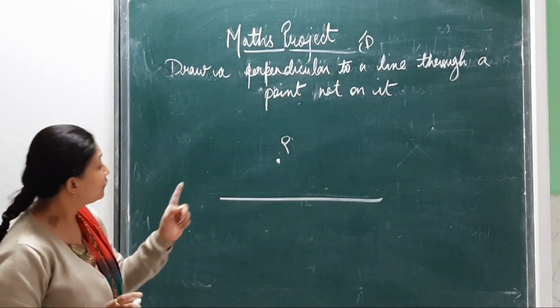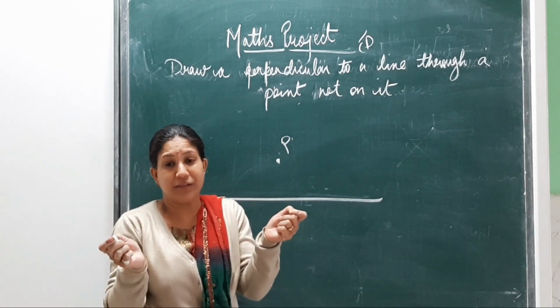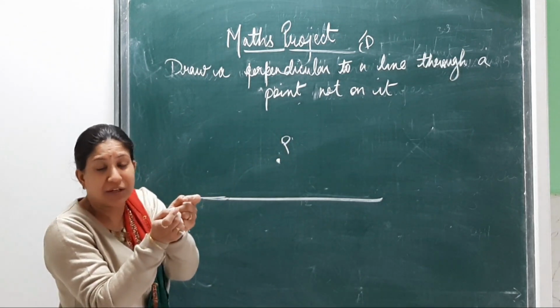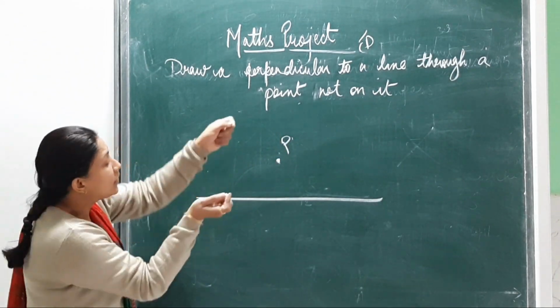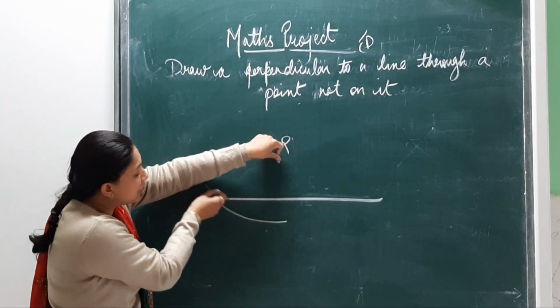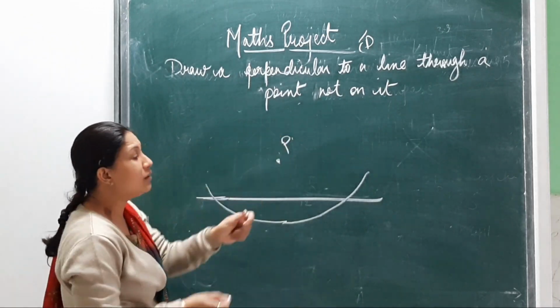What you do, see carefully, extend the radius. Now keeping P as center, I have extended the compass radius, taking P as center and then just drag it in one go. Understood what we have done?